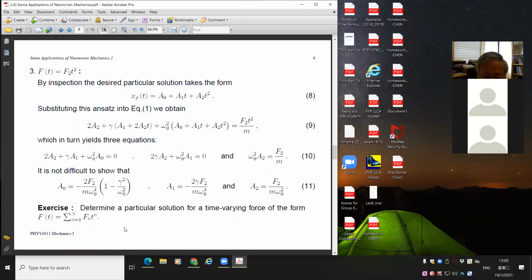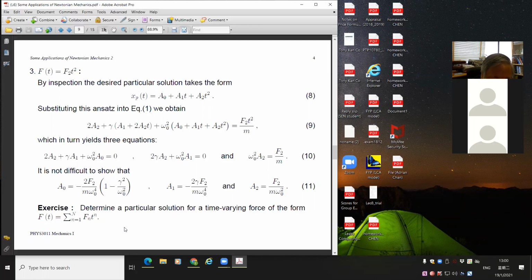Because if you follow these three examples, you know that a polynomial of degree n is the way to go. However, if you really do so, you'll get a mess, very complicated. So this is not the best way to do it, but this is one way to do it.